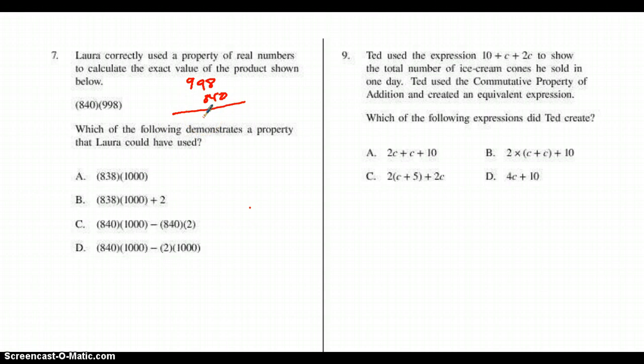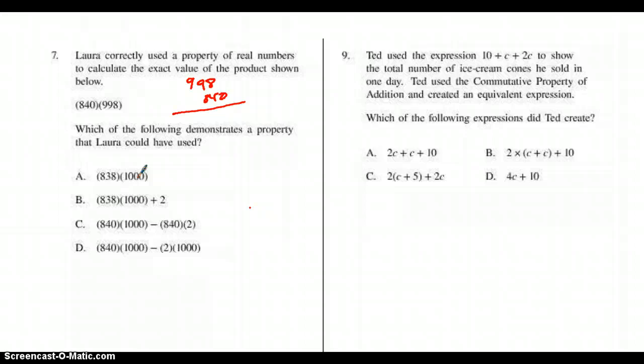Well, according to what we see here, if we multiply 838 times 1,000, just making sure that we're getting what she's actually trying to do. So let's see, 838 times 1,000, that's going to give us roughly 838,000.